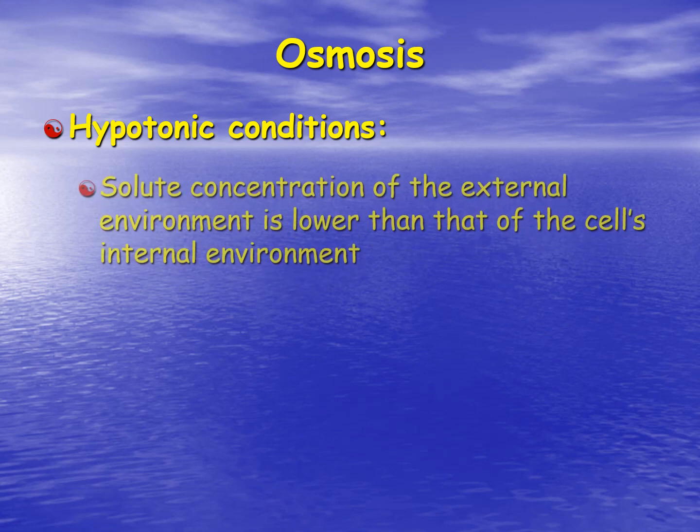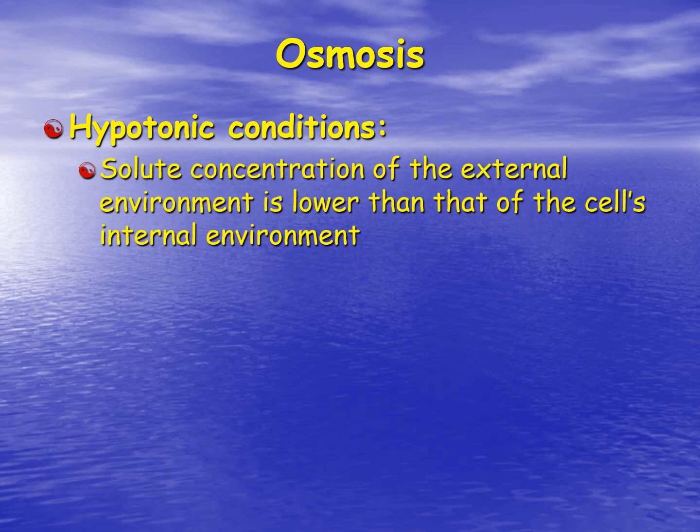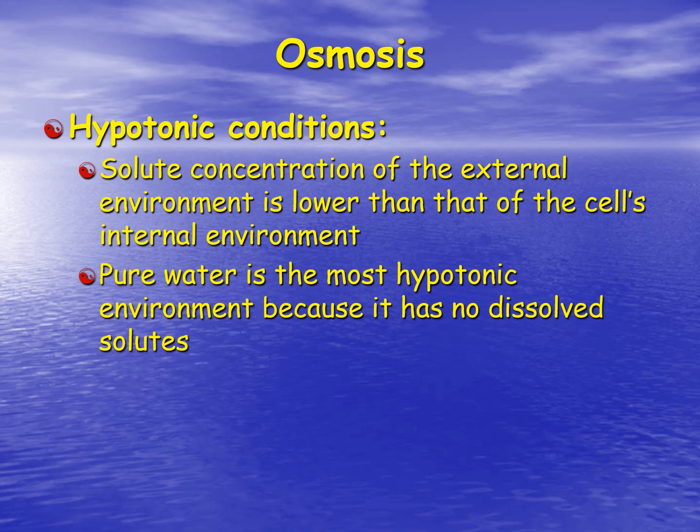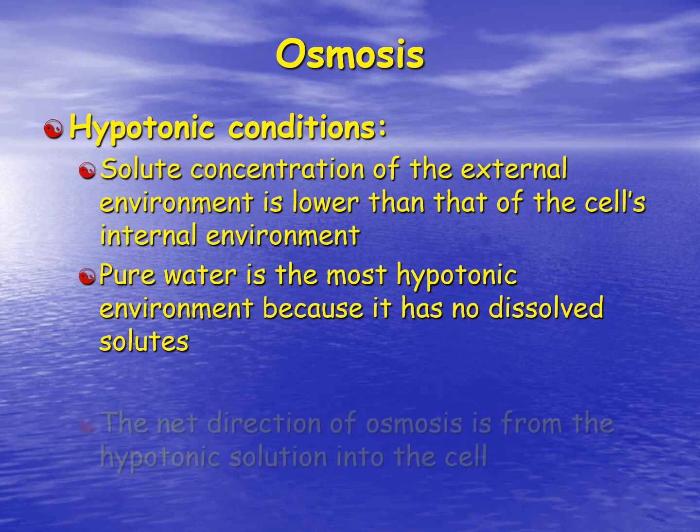Hypotonic conditions means that the solute concentration of the external environment is lower than that of the cell's internal environment. Therefore, we're going to have more water outside the cell than inside the cell. Pure water is the most hypotonic environment because it has no dissolved solutes in it.